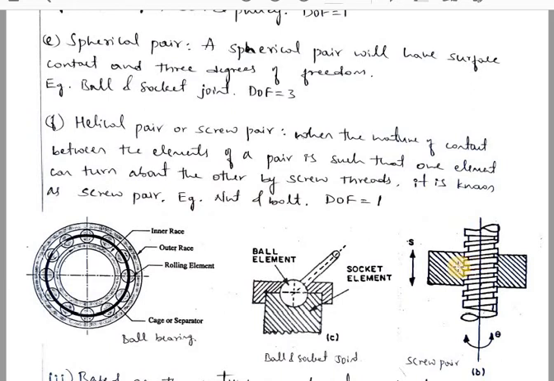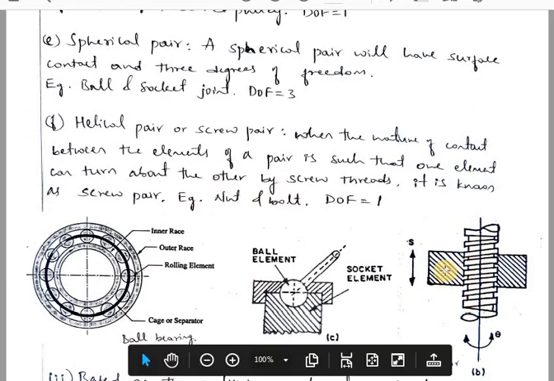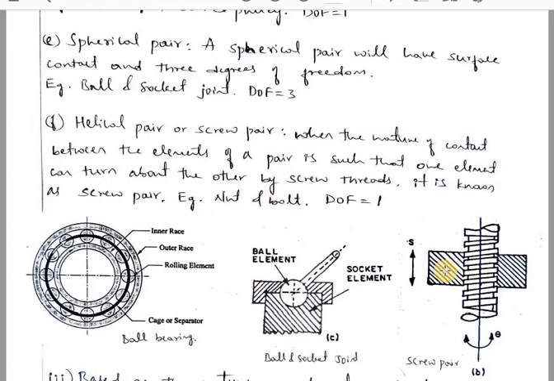Here you can see this is the bolt and this is the nut, where there will be a relative motion between them in such a way that one element can turn about the other. Such a pair is known as a screw pair.